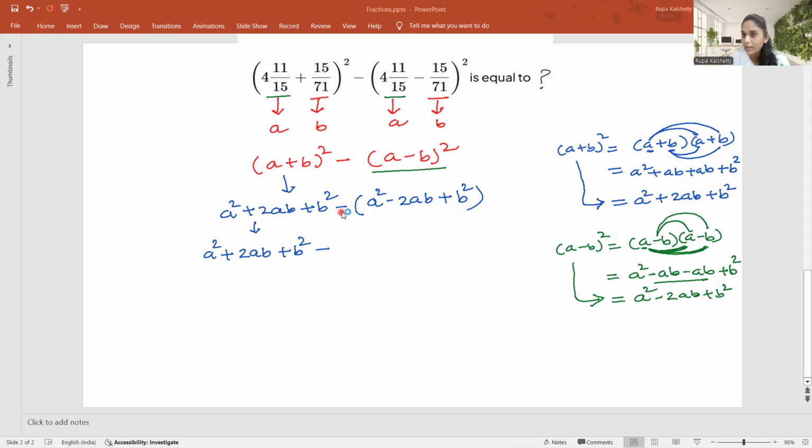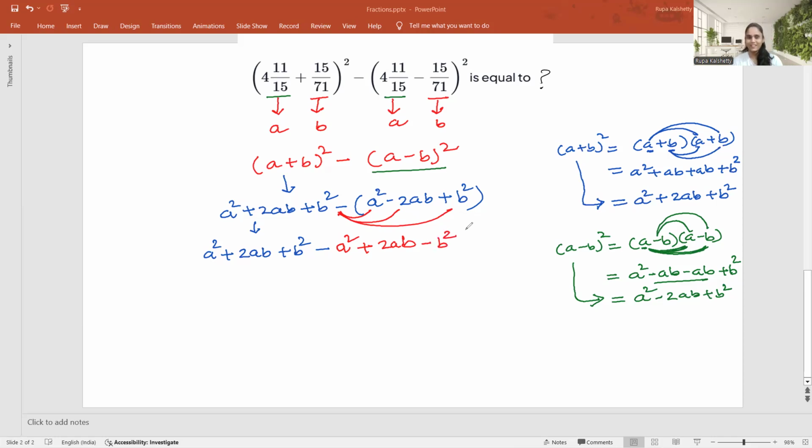So whenever you're multiplying by a negative sign to the terms inside the bracket, each term inside the bracket is going to change its sign. So what is going to happen here is, minus times A squared gives us minus A squared. Then minus times minus 2AB gives us plus 2AB. And then minus times B squared gives us minus B squared.